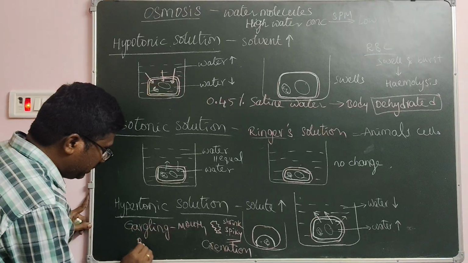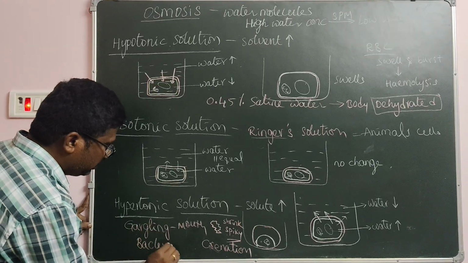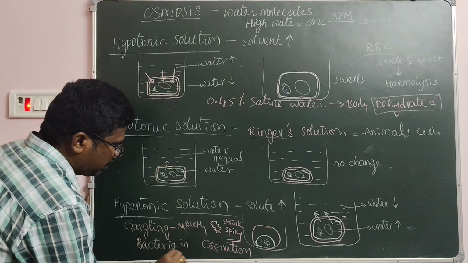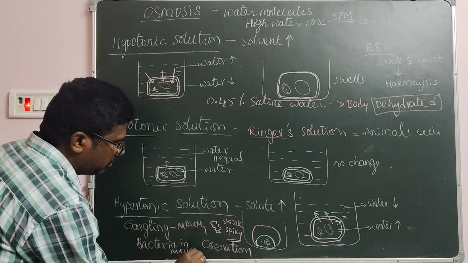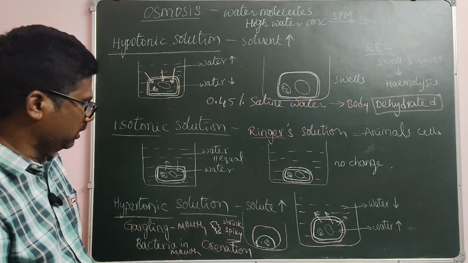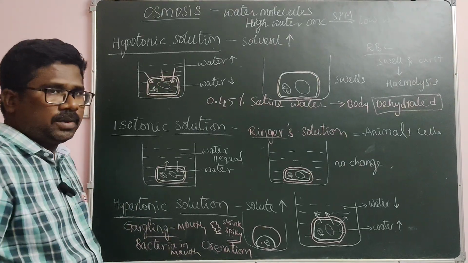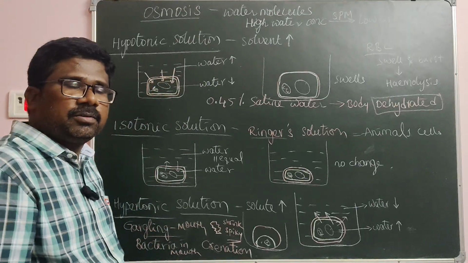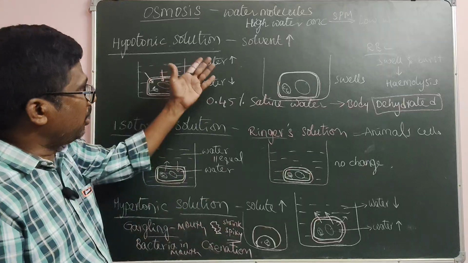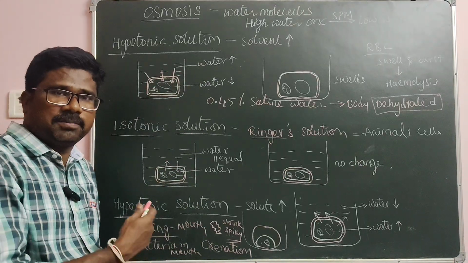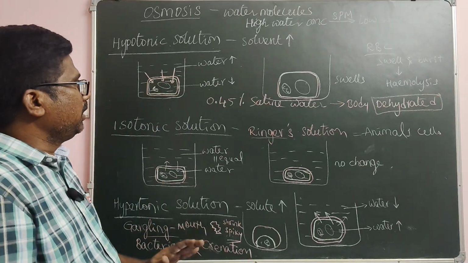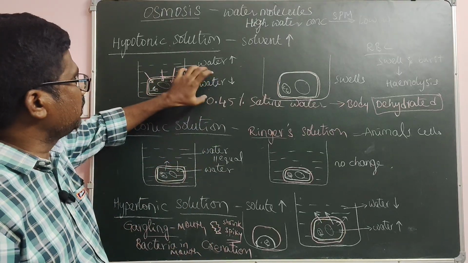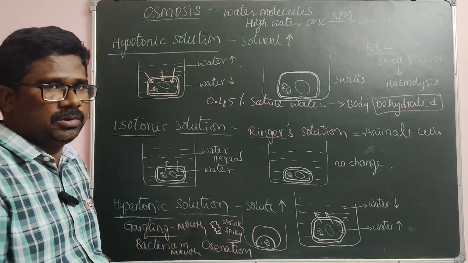So to kill the bacteria in the mouth, we can use the hypertonic solution for gargling. So this is about different types of solutions, how osmosis takes place in them, and I gave one example from daily use where this type of solution is useful.